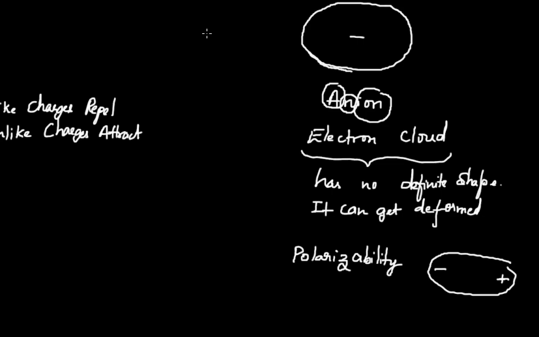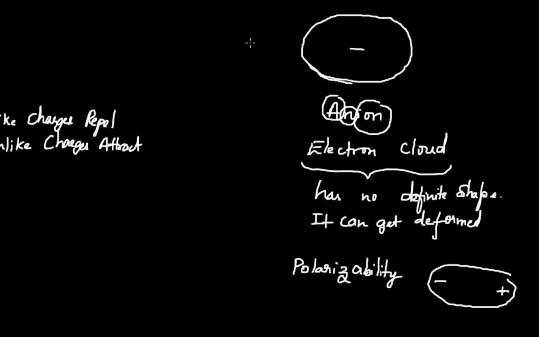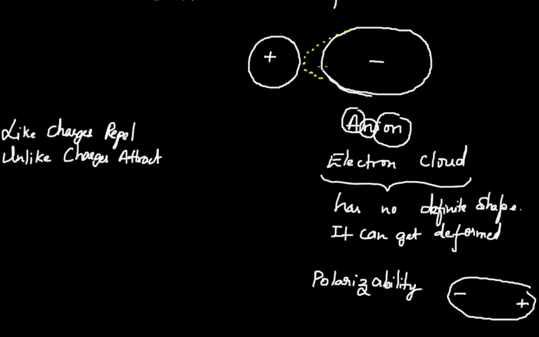Here you have a positively charged cation. What will happen is this electron cloud can get deformed. As the electron cloud gets deformed, what was your ionic bond will have a covalent character.